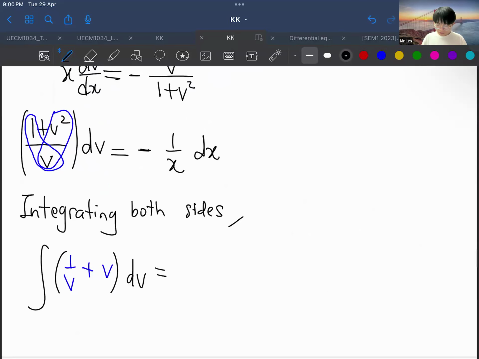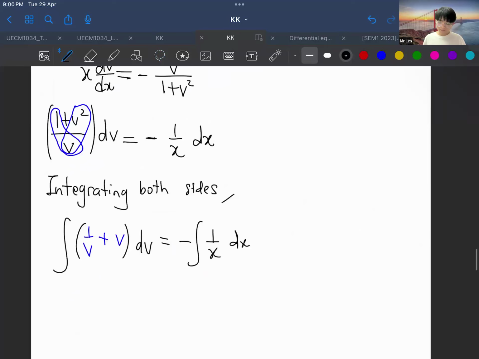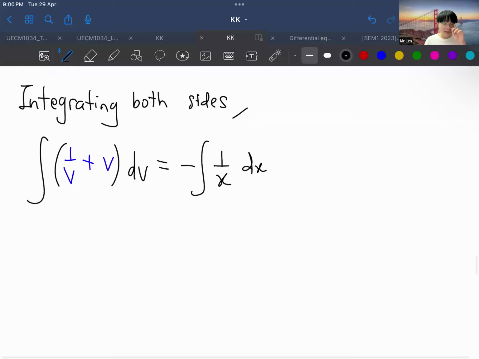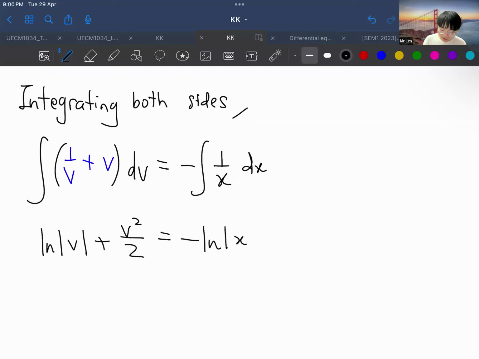So dv here, and then integrate, negative I just put out, 1 over x dx. Okay. And use your knowledge that you already have in your integrations. So this is basically ln modulus v plus v square over 2 equal to negative ln x.